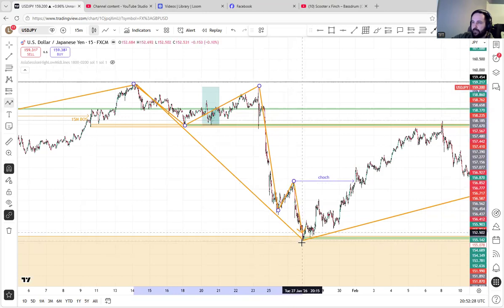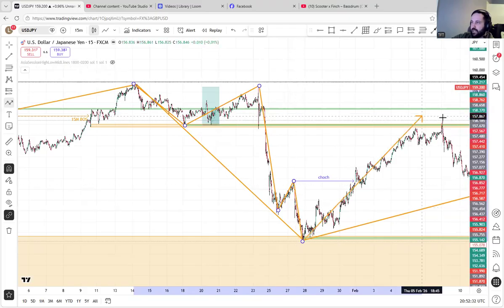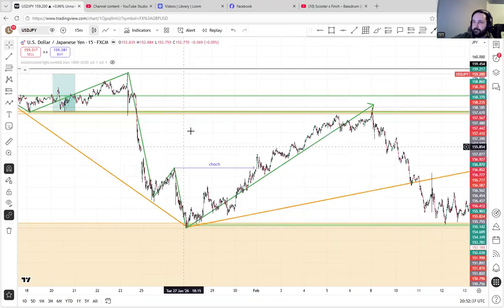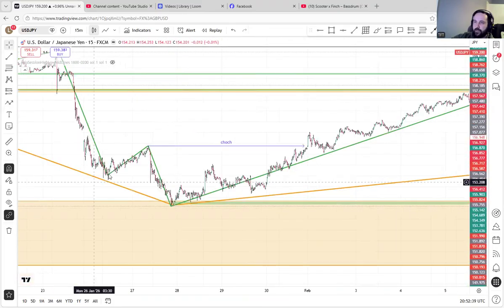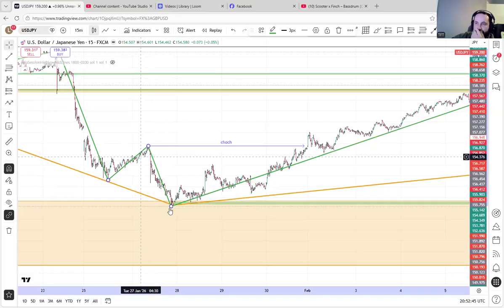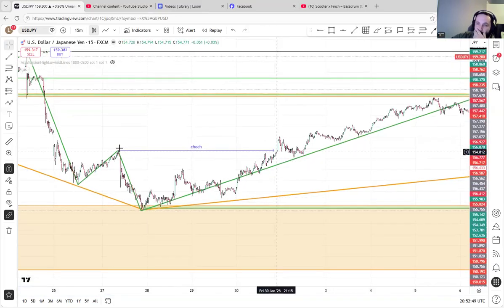We put in a low, and then obviously we get a change to the upside. So before the POI, we get a bit of a pullback. We then hit the point of interest, and then obviously at this point here we break this high.